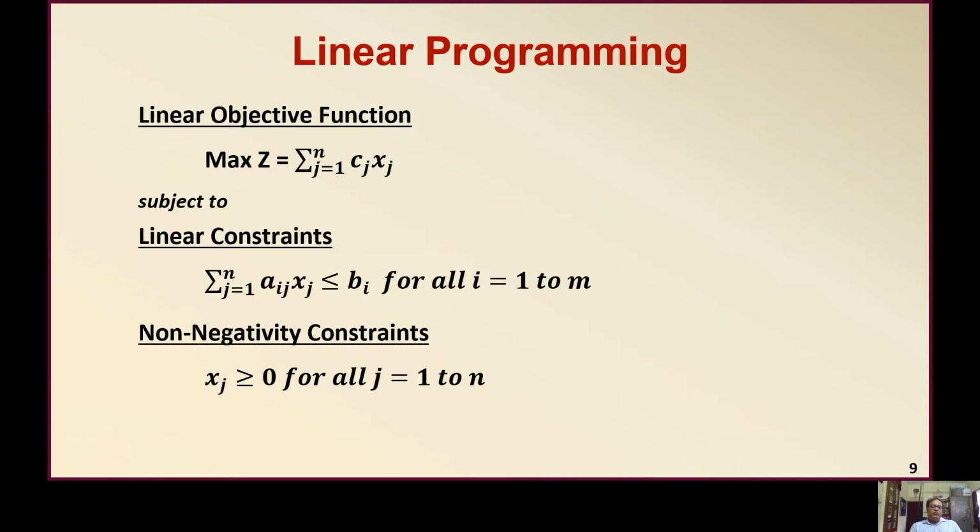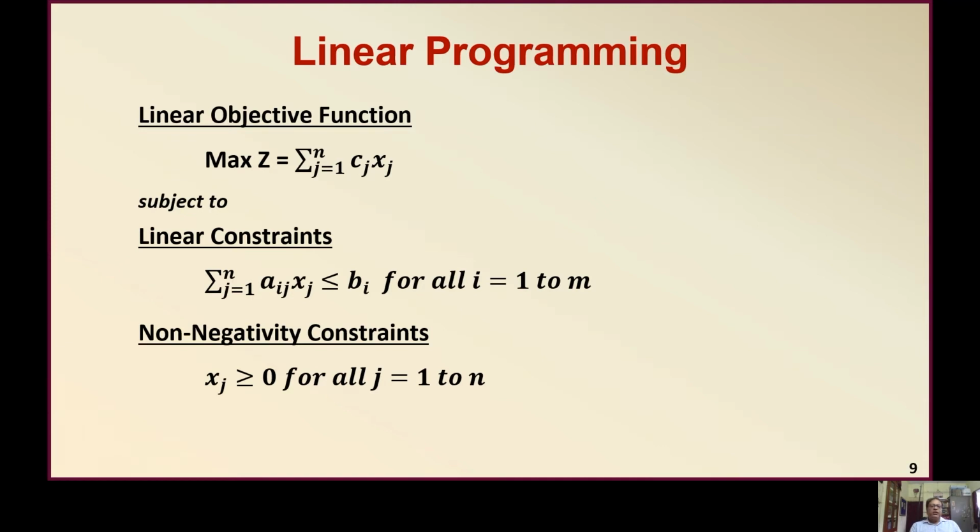Added for all the different activities, that is the total resource requirement of that particular type, and it should be less than the resource available. So that is going to be a linear constraint. Thereafter, we also must have the non-negativity constraints, that is xj should be greater than or equal to 0 for all j equal to 1 to n.